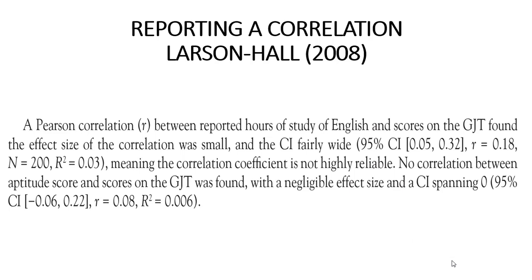She says, a Pearson correlation R between reported hours of study of English and scores on the grammaticality judgment test found the effect size of the correlation was small, and the CI, the confidence interval, fairly wide, 95% confidence interval between 0.05 and 0.32, with an R value, remember R is the Pearson correlation, 0.18, n equal to 200, and R square equal to 0.3, meaning the correlation coefficient is not highly reliable.